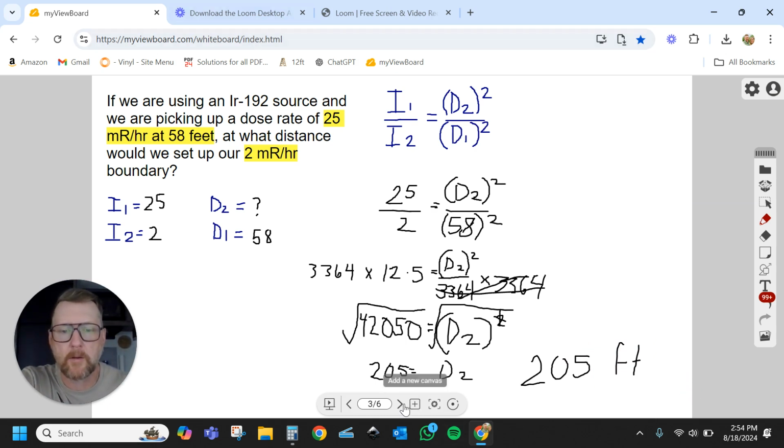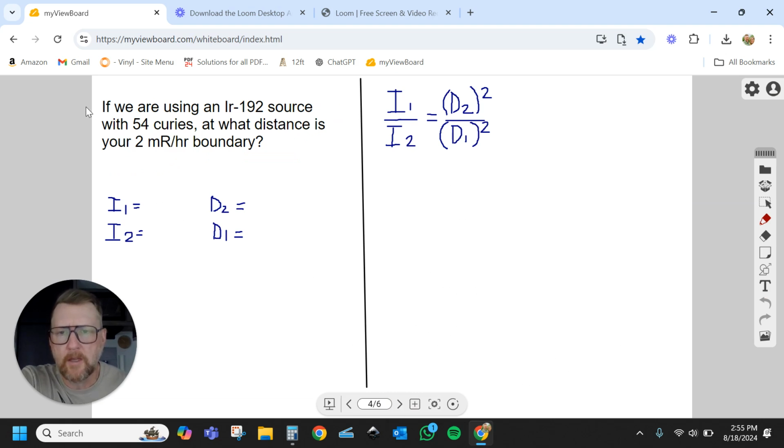Let's do one more. I think I got one more. If you're using an iridium 192 source with 54 curies, at what distance is your 2 MR boundary? We've all seen this one. How do you find your 2 MR boundary with 54 curies? But let me show you how to do it using the same system. Okay, we know we have 54 curies. So we know intensity 1.